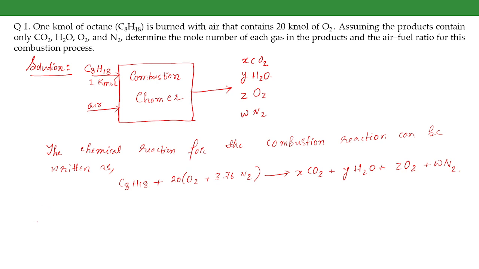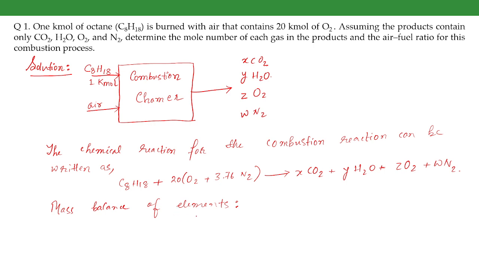Now we will do a mass balance of the elements. Okay, so here there are eight atoms of carbon, or we can say that if there is 1 kilomole of this, then there will be 8 kilomoles of carbon, and there is x kilomoles of carbon on the right hand side.